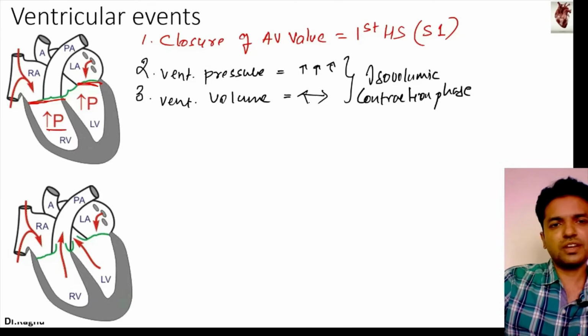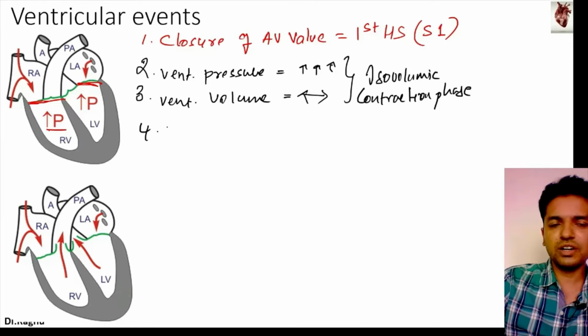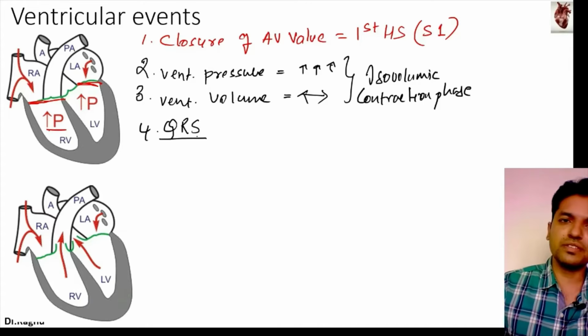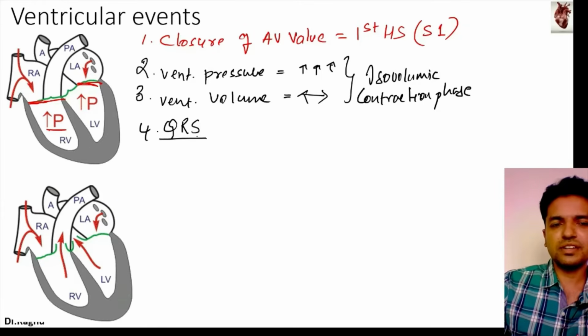Because there is contraction of the ventricles, what ECG changes can we expect? There should be ventricular depolarization, which is suggested by the presence of the QRS complex. So the blood from the atria has entered into the ventricles. There is closure of the atrioventricular valve, resulting in production of the first heart sound.